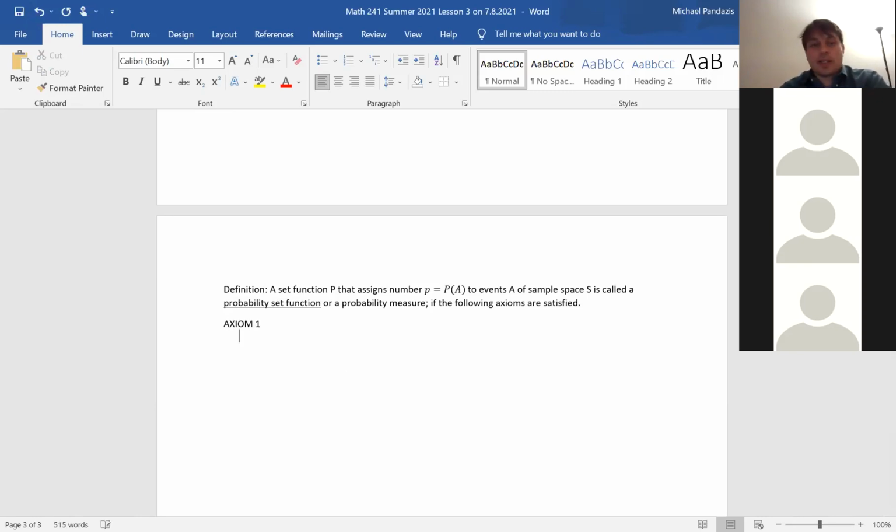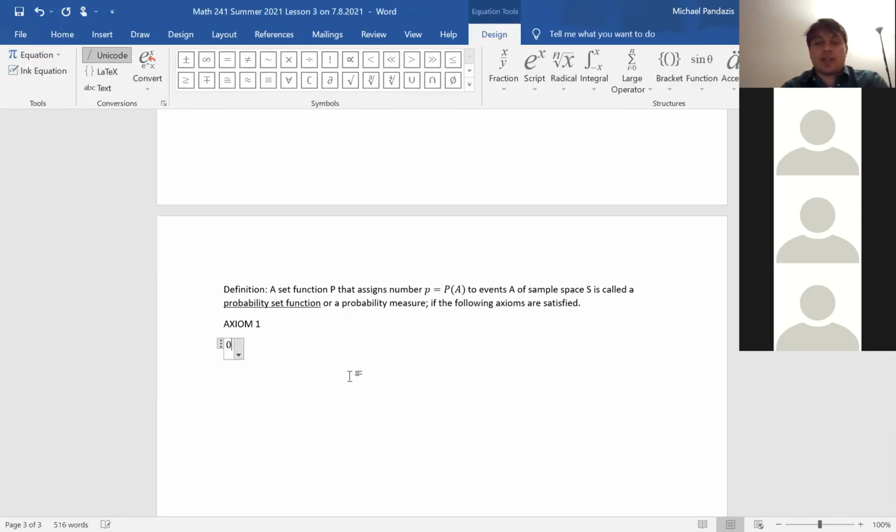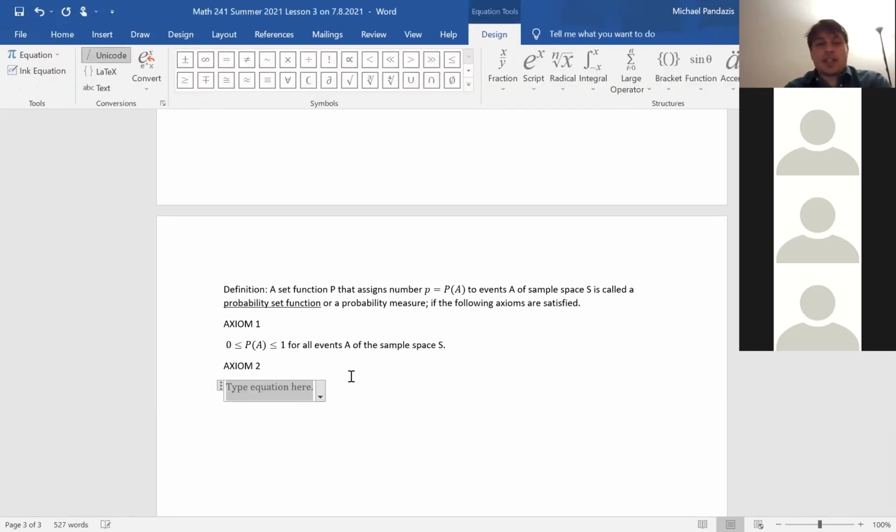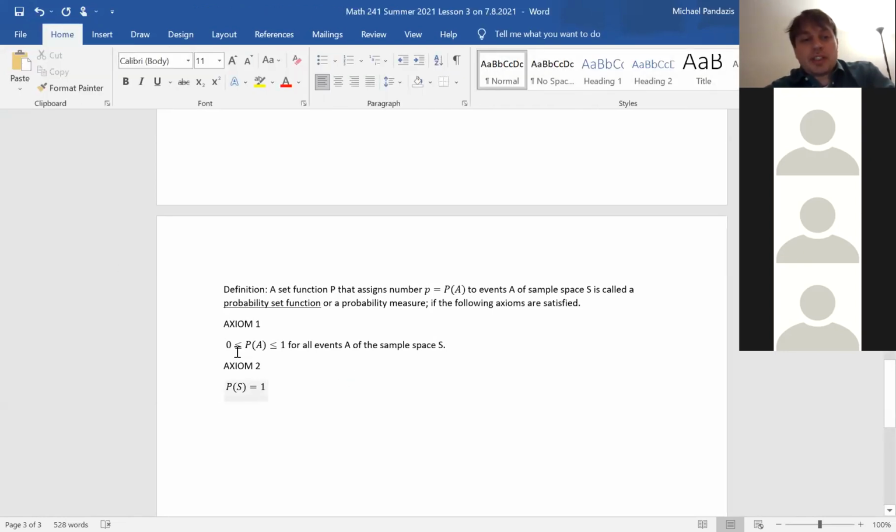So axiom 1 is that the values of P of A are between 0 and 1 inclusive for all events, capital A, of the sample space, capital S. Axiom 2 is that the probability P of S is equal to 1. And so if you input the entire sample space into the set function P, the output has to be 1. That's the second axiom. And then the third axiom has two parts.